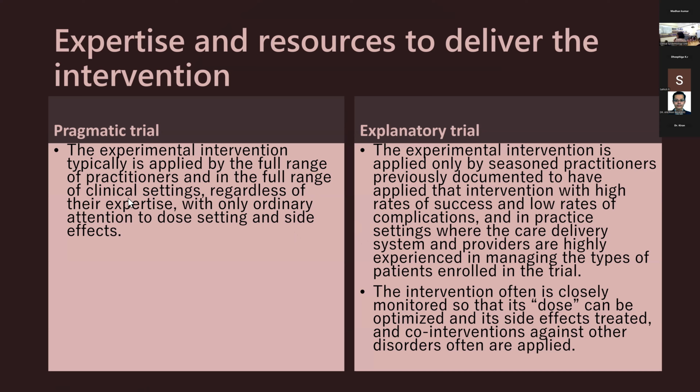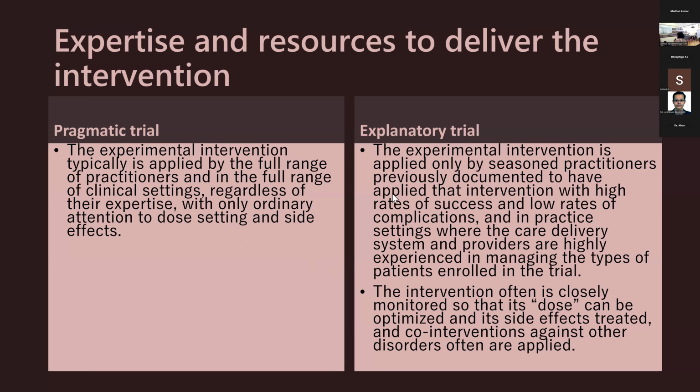In a pragmatic trial, whoever can do the possible intervention would provide the particular care. So it is applied to the full range of practitioners in the clinical setting, regardless of their expertise, and only ordinary attention to dose setting and side effects. Whereas in an explanatory trial, who delivers a particular intervention is looked at carefully.